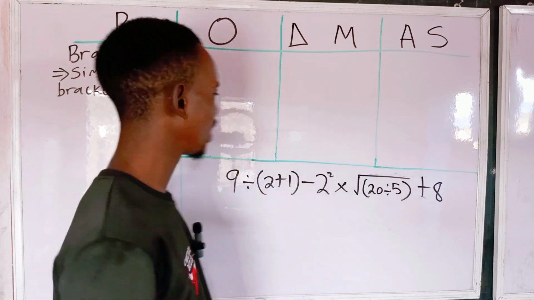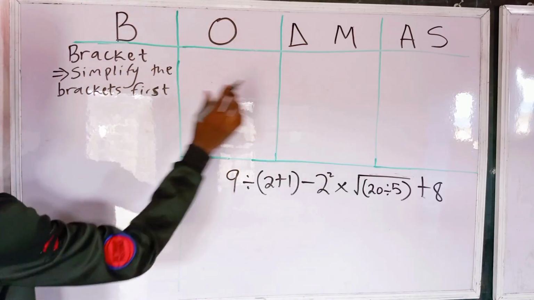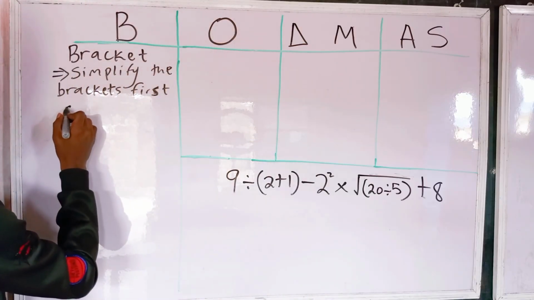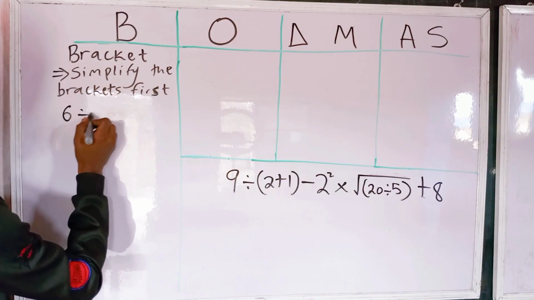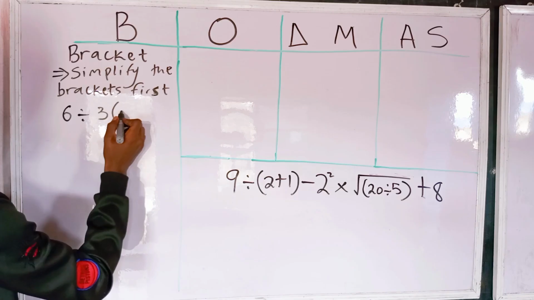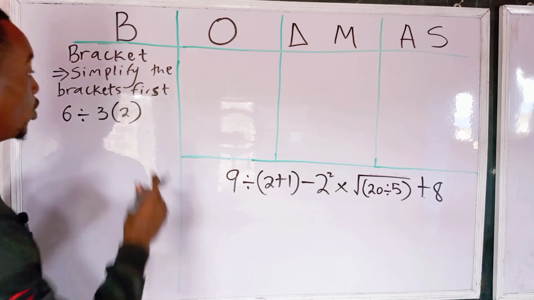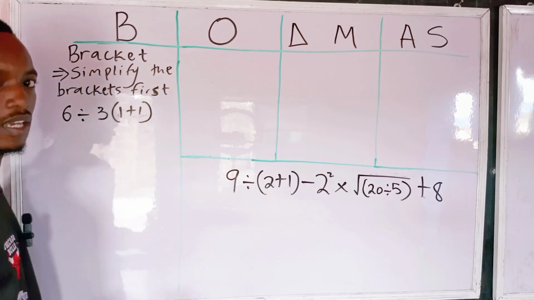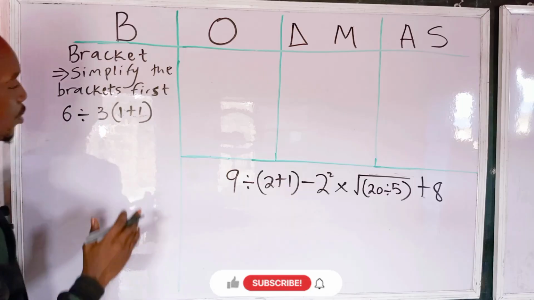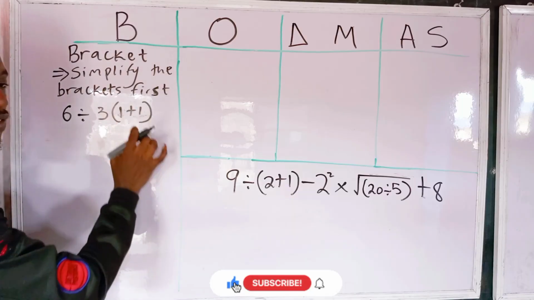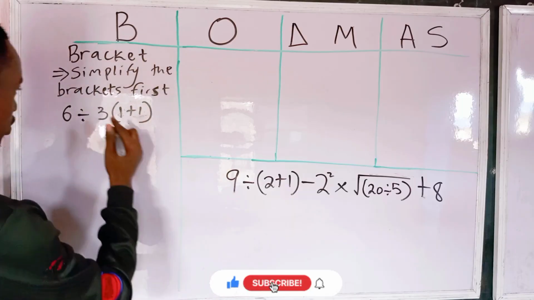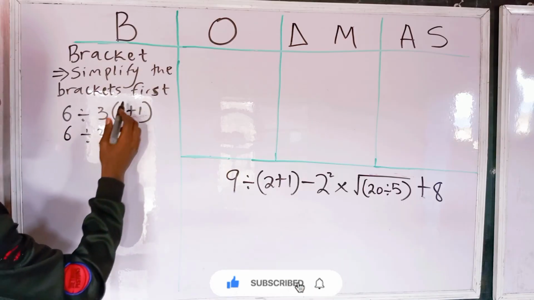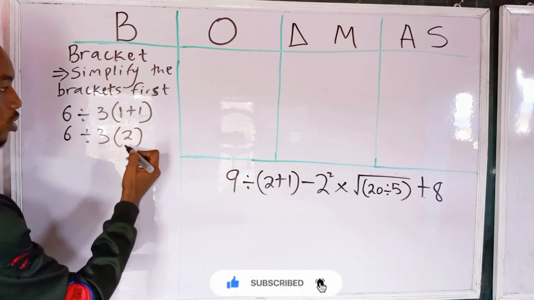multiplication. What I'm trying to say is, look at this example here. Let's say we have 6 divided by 3 into bracket, let's say 1 plus 1. This bracket says that we should simplify what is inside first, right? So 1 plus 1 gives us 2.